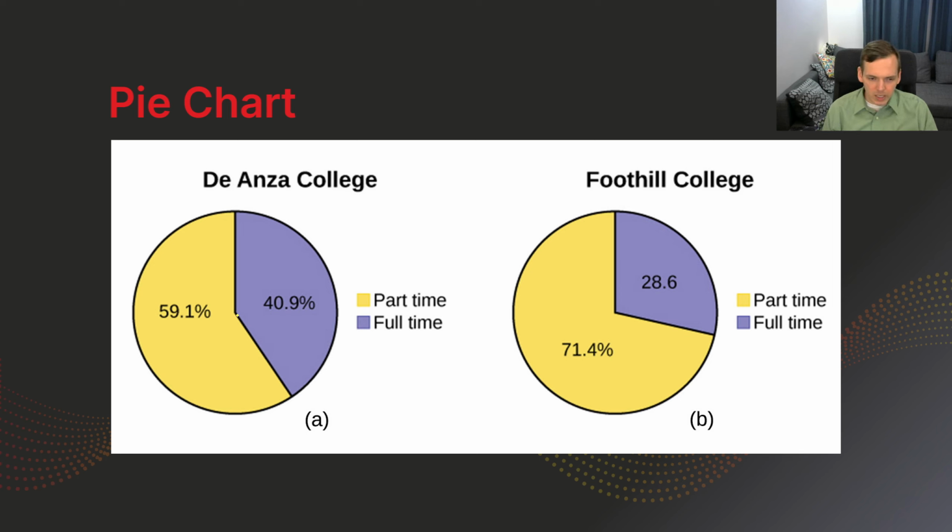But the point is, we see that for De Anza College, 59.1% of the students are part-time. And so we have a slice of that pie that takes up 59.1% of the circle. At Foothill College, 28% are full-time. So we see that we have a slice of the circle that's 28%.